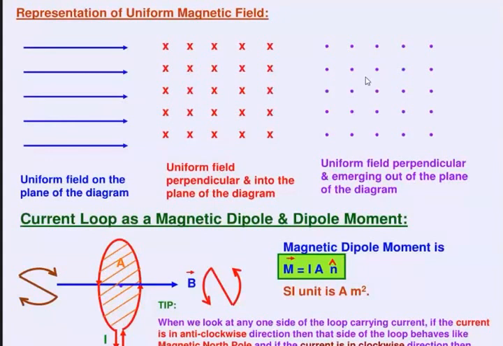So we know that magnetic field lines give a lot of information regarding the magnetic field. For example, we want to find out the direction of the magnetic field, the strength of the magnetic field, and to determine the uniformity of the magnetic field. So field lines can give all the information. If field lines are equally spaced, it gives the uniformity of the magnetic field.